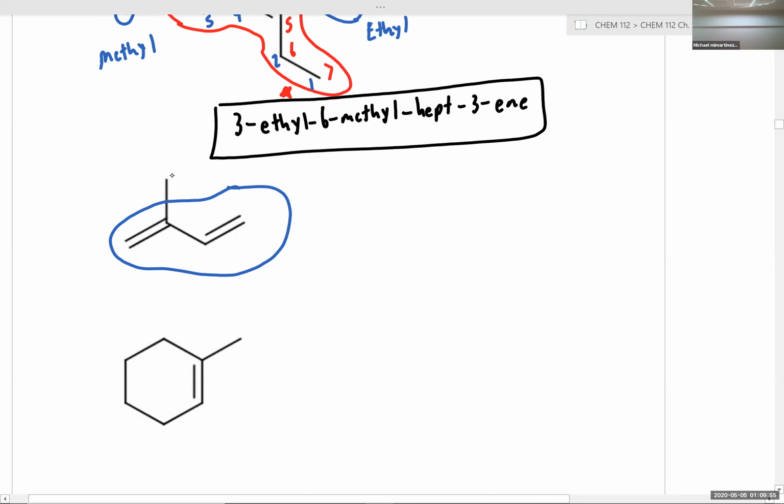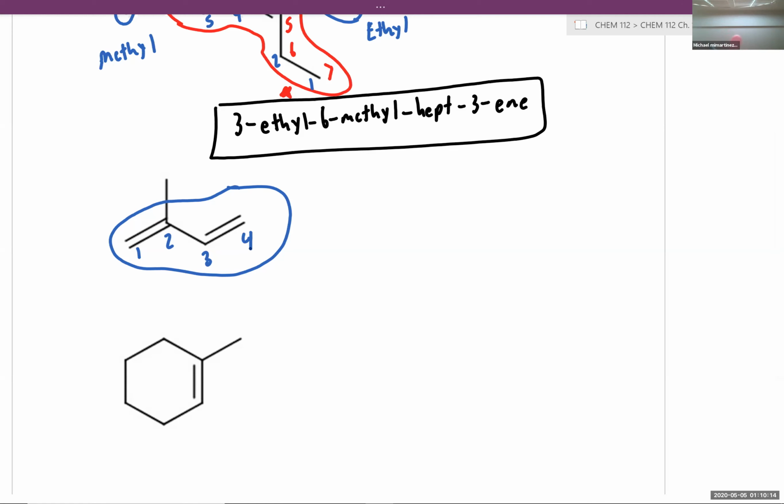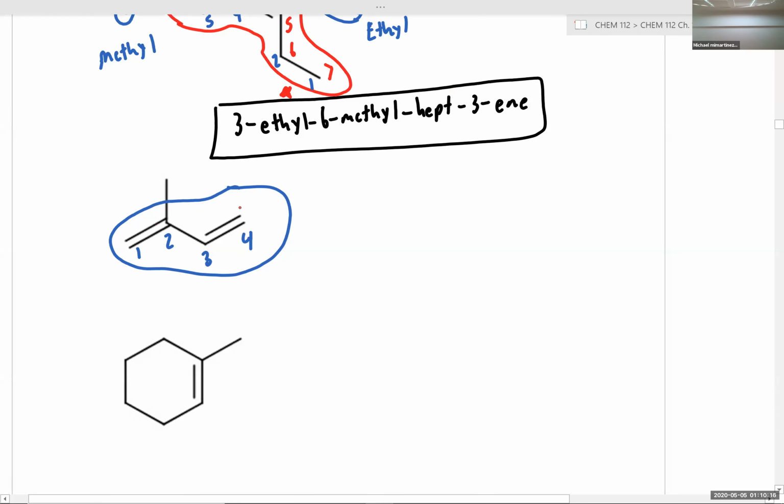The reason being, you need to include all of your alkenes in the chain. The longest chain has all of your alkenes present. Now, we're going to provide 2 numbering conventions. So in blue, we're going left to right. In red, we're going right to left.